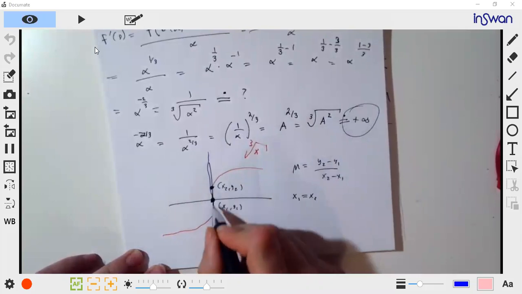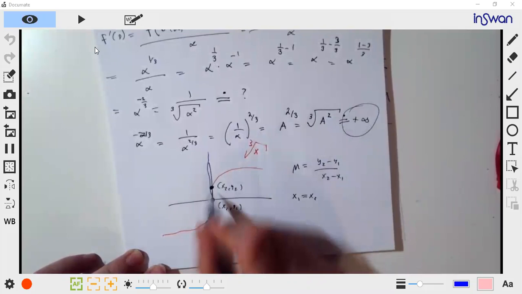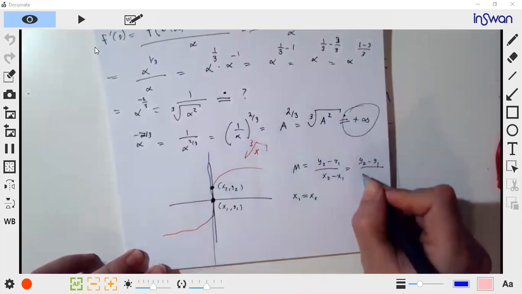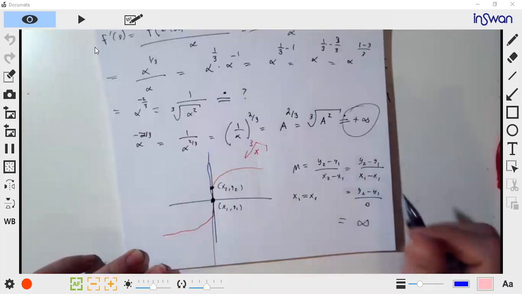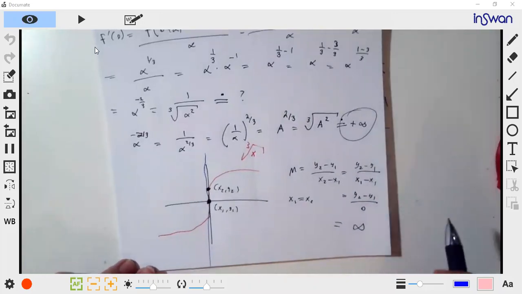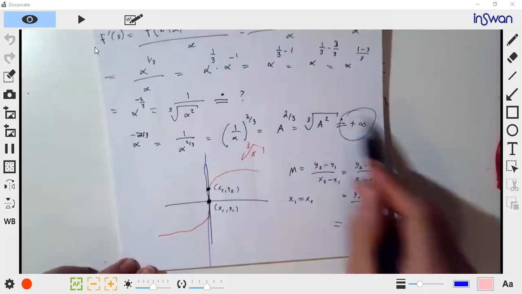Even though y1 and y2 are not the same, x1 and x2 are the same. So that means we got y2 minus y1 all over x1 minus x1, which is y2 minus y1 all over 0. This is why we get this infinity, because you're dividing by 0, technically. That's why it has infinite slope.